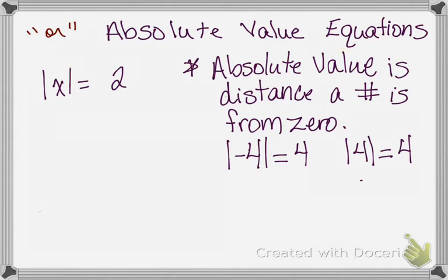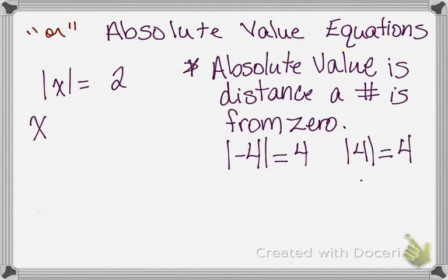So when I remove those absolute value signs, I can have a positive value for what's inside and a negative value for what's inside. So in the absolute value of x equals 2, what could x equal?